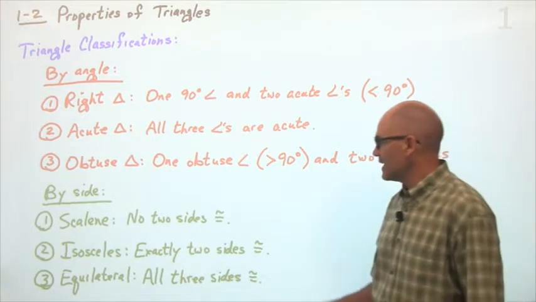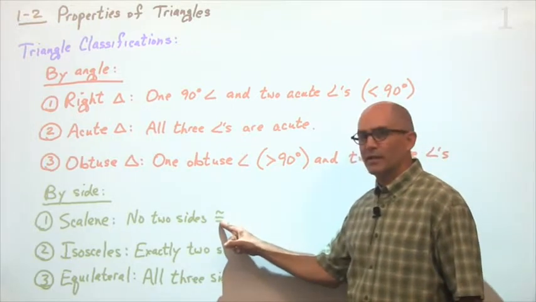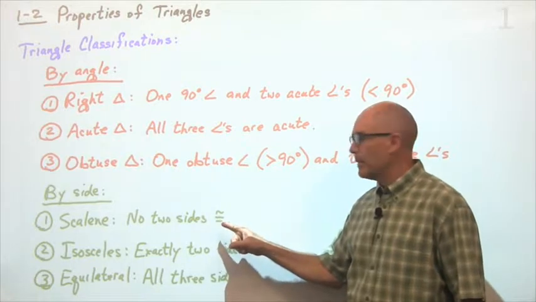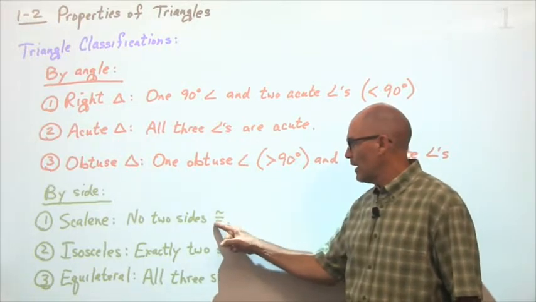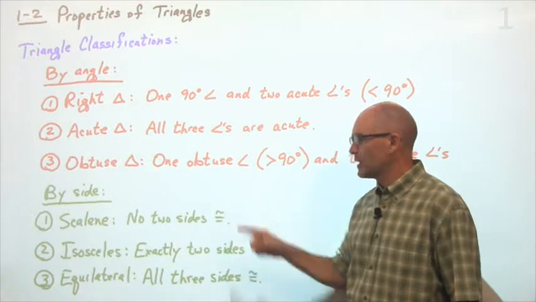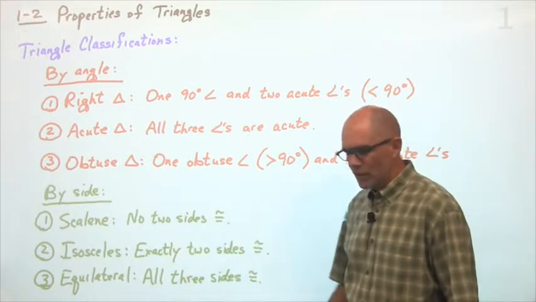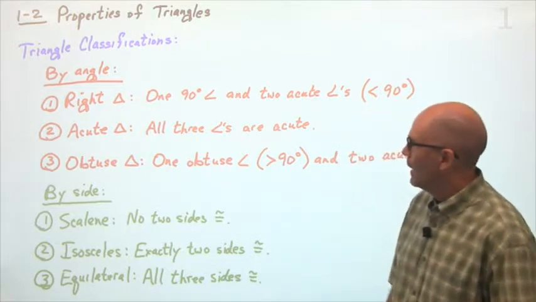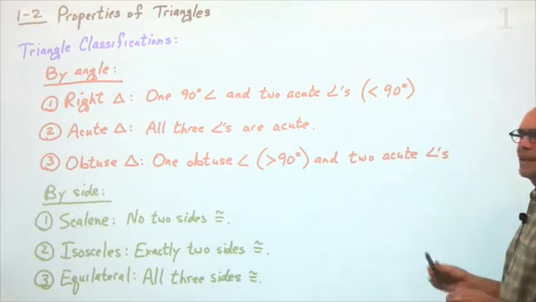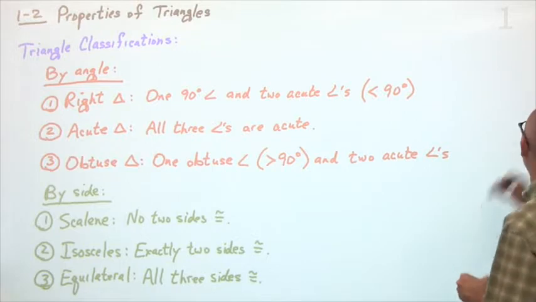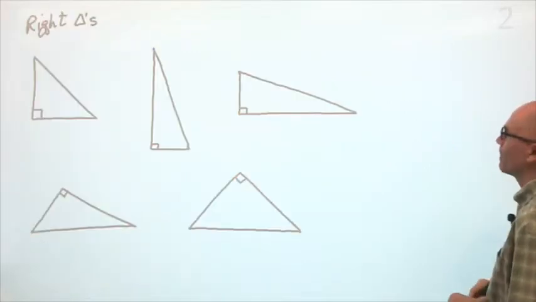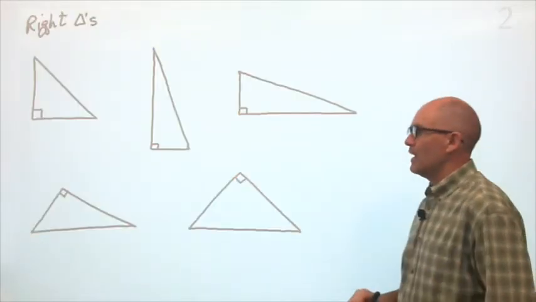Now, incidentally, this is a congruent sign, which you probably remember from geometry, it's an equal sign with a little squiggle above it. So these are congruent. All right, so let's take a look at what we have. First, right triangles.